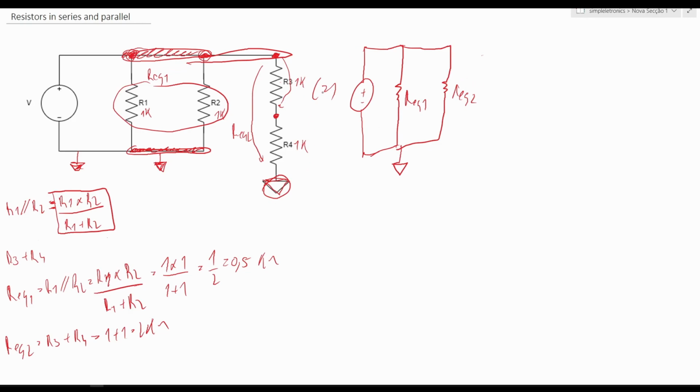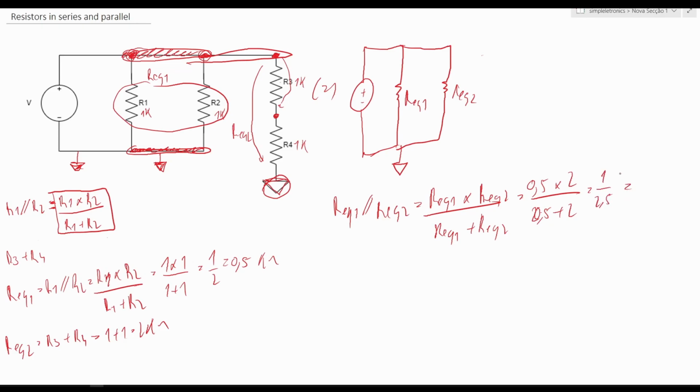So we can make the circuit like this, and now we can say that R equivalent 1 is in parallel with R equivalent 2, which is equal to R equivalent 1 multiplied by R equivalent 2 divided by R equivalent 1 plus R equivalent 2, which is 0.5 multiplied by 2 divided by 0.5 plus 2, that is 1 divided by 2.5.